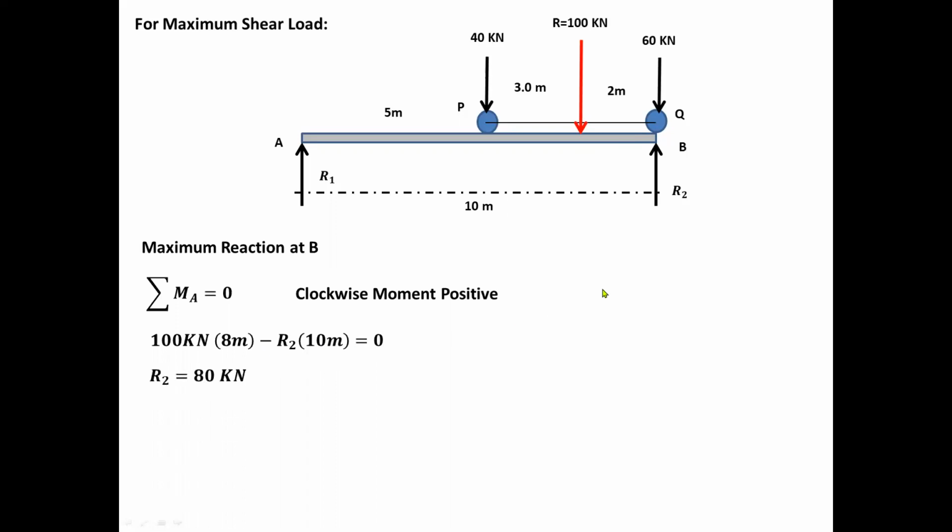If we're going to calculate for R sub 2, ang value natin is 80 kilonewtons. And then summation moment at y is equal to 0. Let us calculate for R sub 1. Ang value ng ating R sub 1, 20 kilonewton. So remember this, we have R sub 1 as 20 and R sub 2 as 80 kilonewtons.